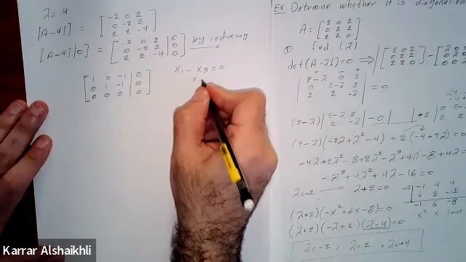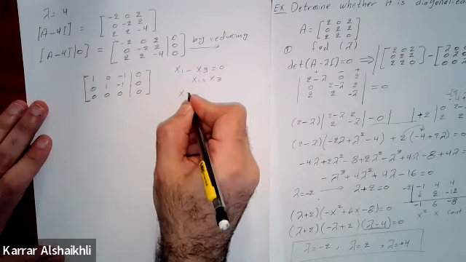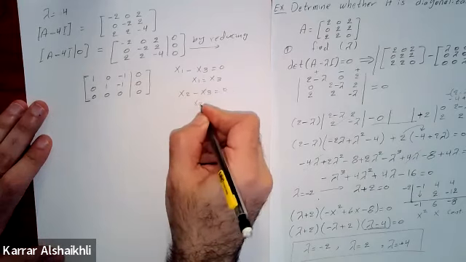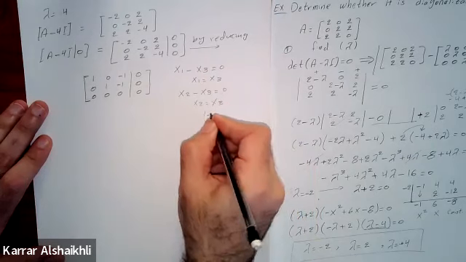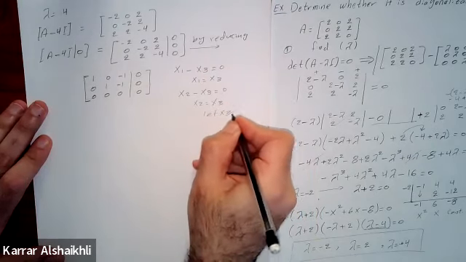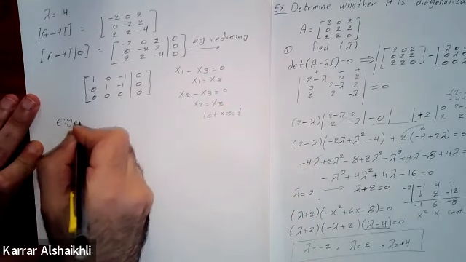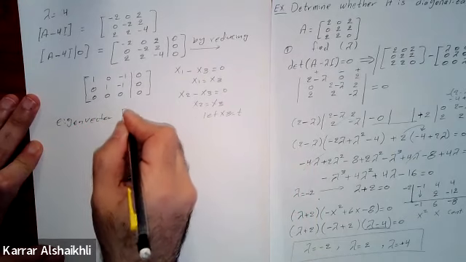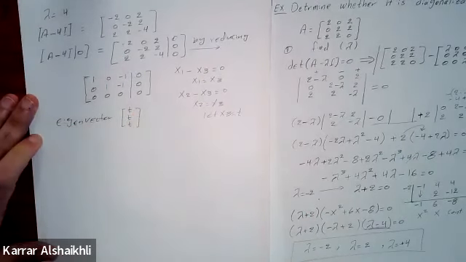So x1 is going to be equal to x3, and x2 minus x3 is 0, so also x2 equal to x3. If you let x3 equal t, that means the eigenvector is going to be all t's.